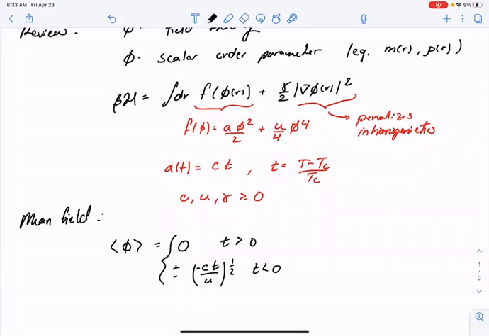Exactly what we would hope for in our phenomenological understanding of an Ising magnet.